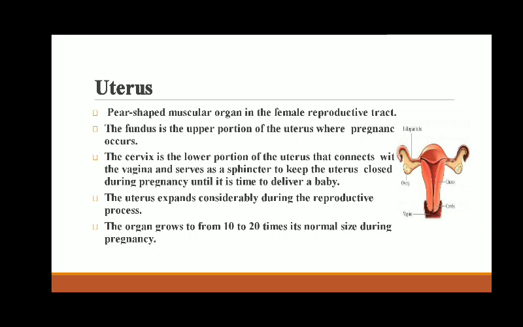The cervix is the lower portion of the uterus that connects with the vagina and serves as a sphincter to keep the uterus closed during pregnancy until it is time to deliver a baby. The uterus expands considerably during the reproductive process. The organ grows to 100 to 200 times its normal size during pregnancy.